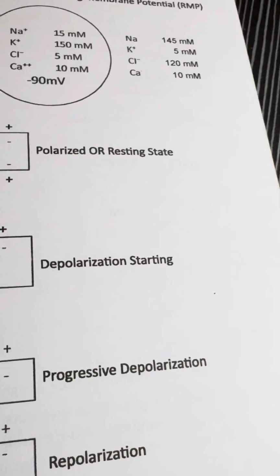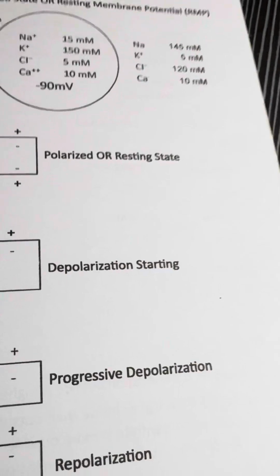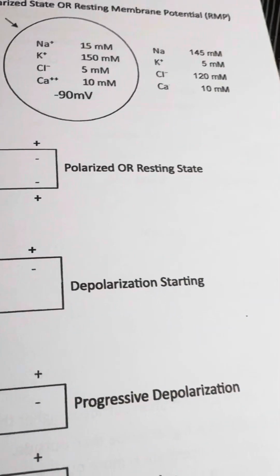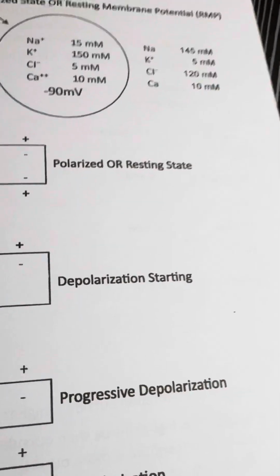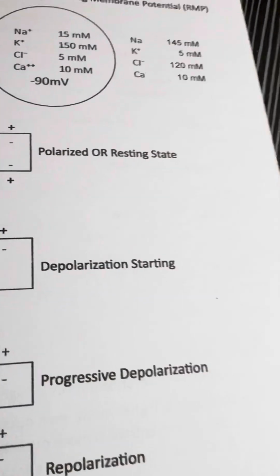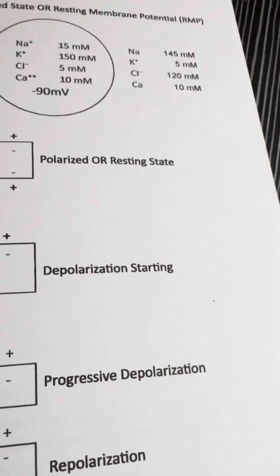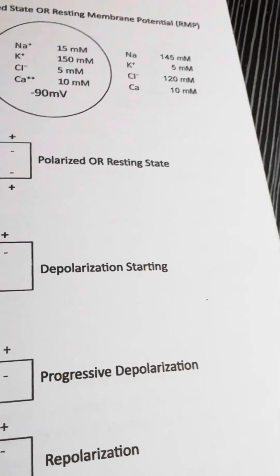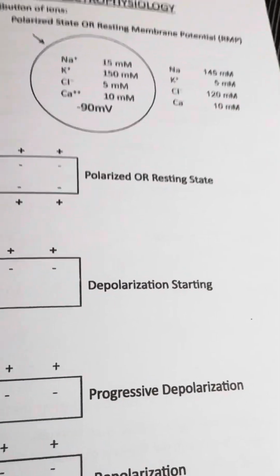So 3 sodium will go out and 2 potassium will come in. So there is a loss of 1 positive charge. Sodium-potassium ATPase pumps out 3 sodium from inside to outside and takes in 2 potassium into the cell. So there is a deficiency of 1 positive ion inside. This is another cause why inside is negative.